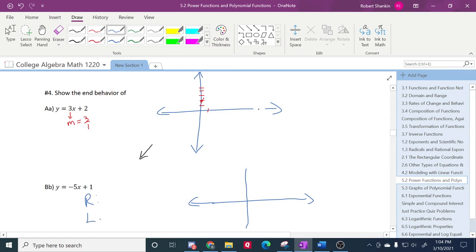Far left, what is it doing? Because you can't really do a picture into your group chat. You could do R and L for right and left. Okay, go ahead and hit enter when you have that.